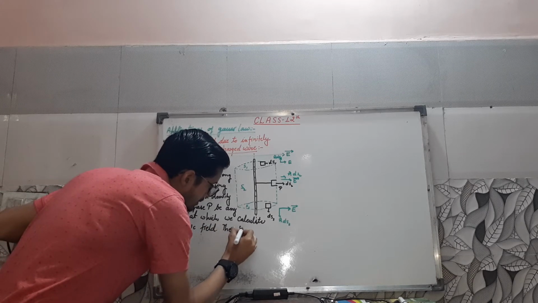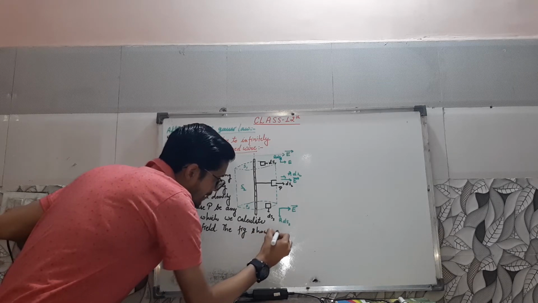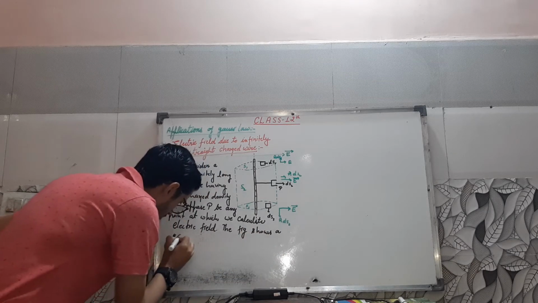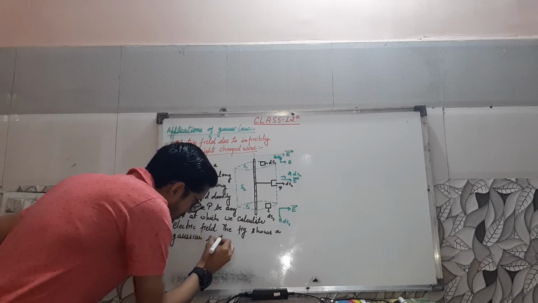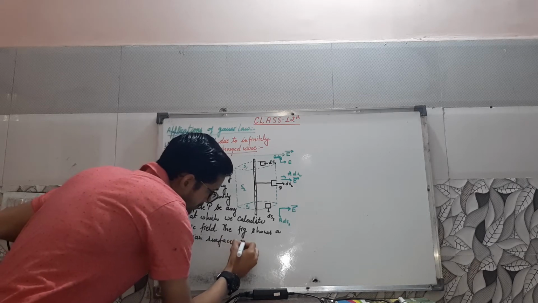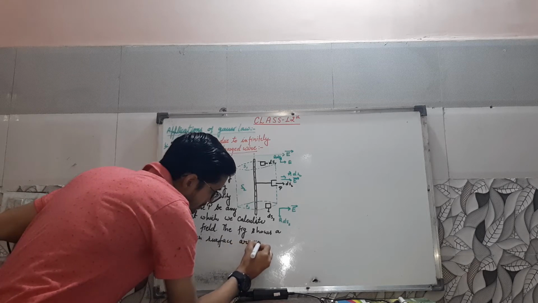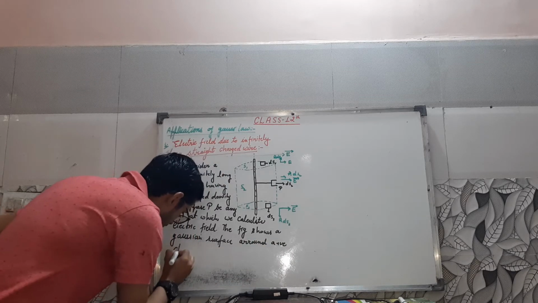The figure shows a Gaussian surface around a positive charge wire.